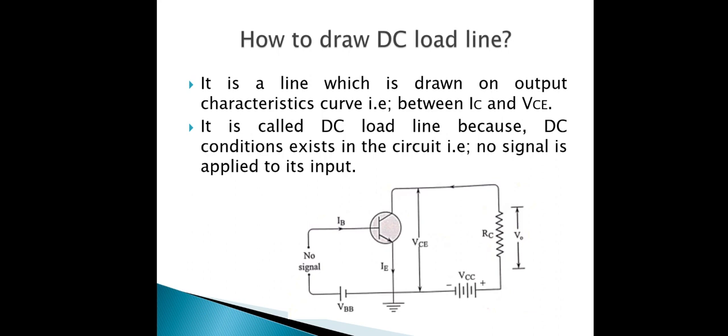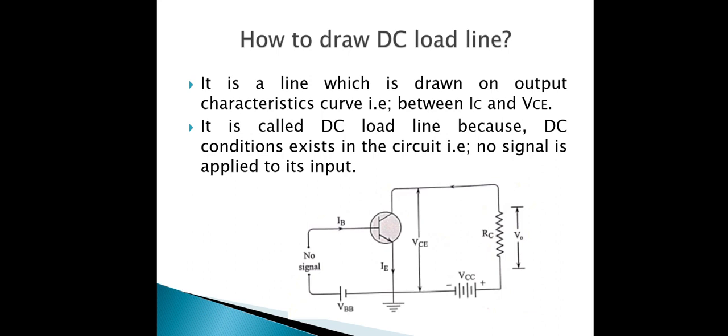And this load line is drawn for the output characteristics of a transistor. All these points are to be noted when you are interested in drawing a DC load line.